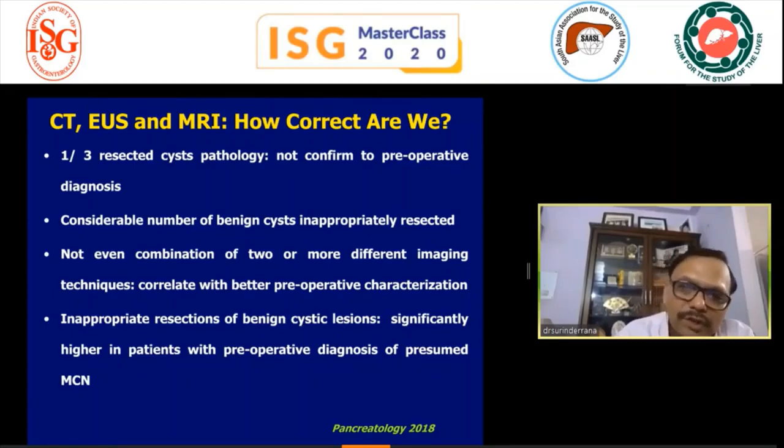Not even a combination of 2 or more different imaging techniques correlated with better preoperative characterization. And inappropriate resection of benign cystic lesions was significantly higher in patients who had a preoperative diagnosis of presumed MCN. So in a nutshell, we still need a lot of improvement in our capability to accurately characterize cystic lesions preoperatively. But till that time, we need to follow this protocol, which I've just discussed.